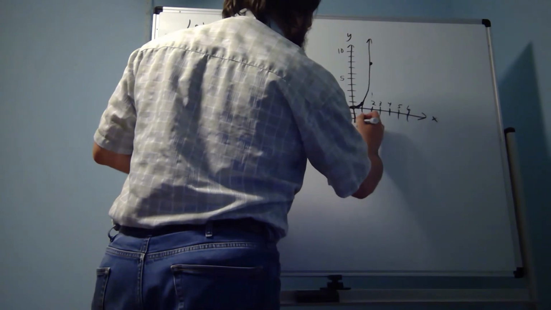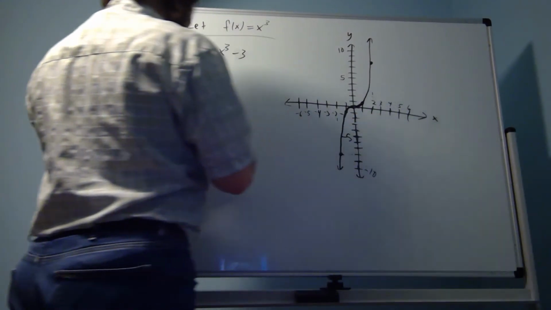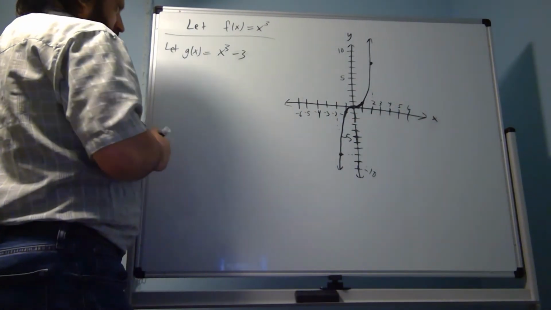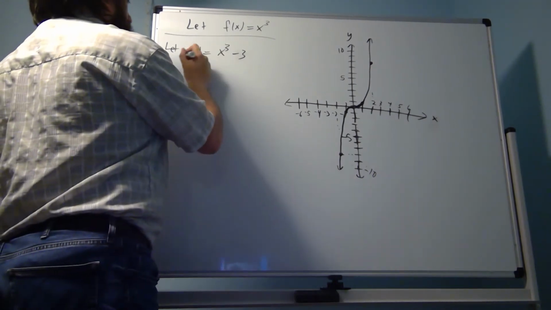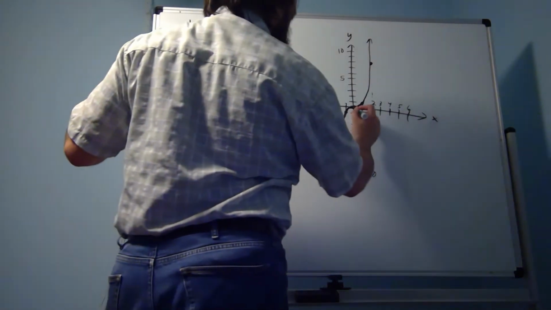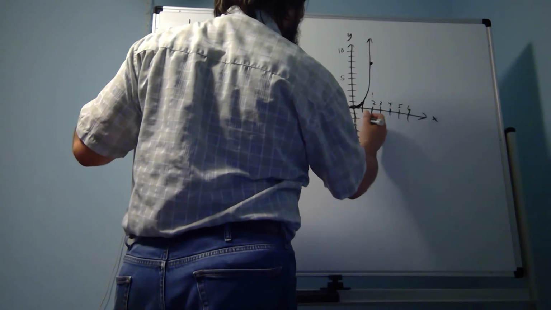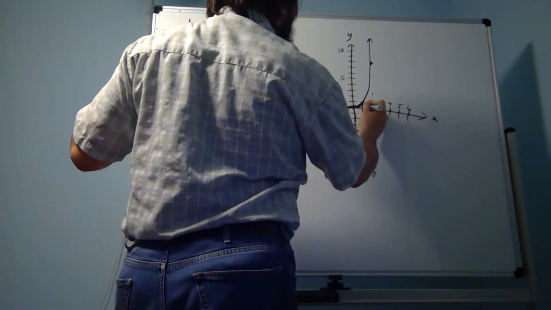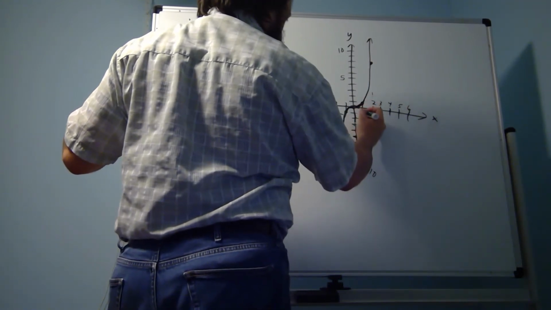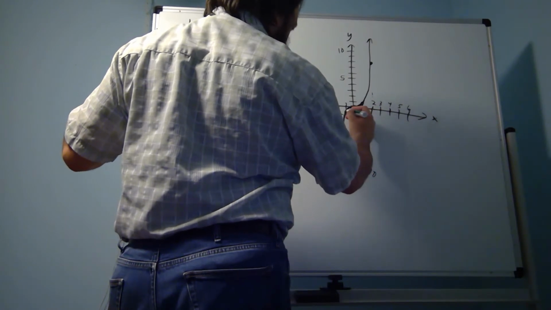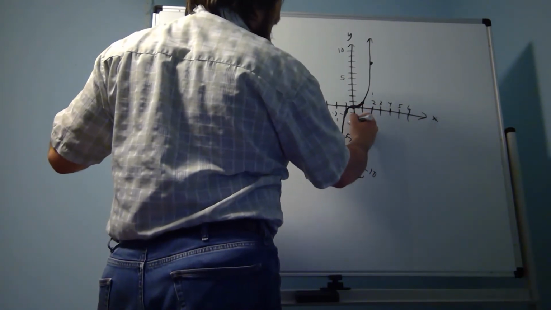I can use a different color here, maybe. Let's try green. 1, 2, 3. So we're at 1, but then we subtract 1, 2, 3, so we're at negative 2. We go down 1, 2, 3.